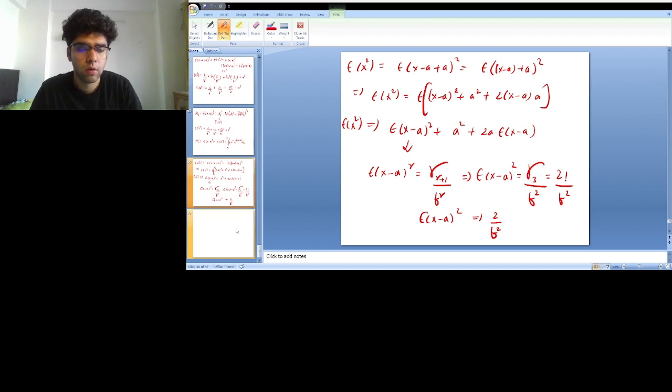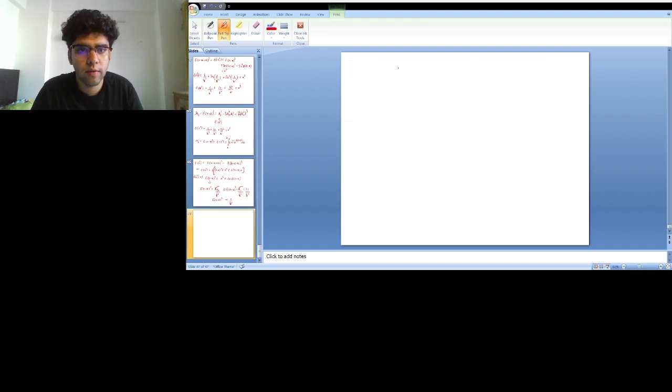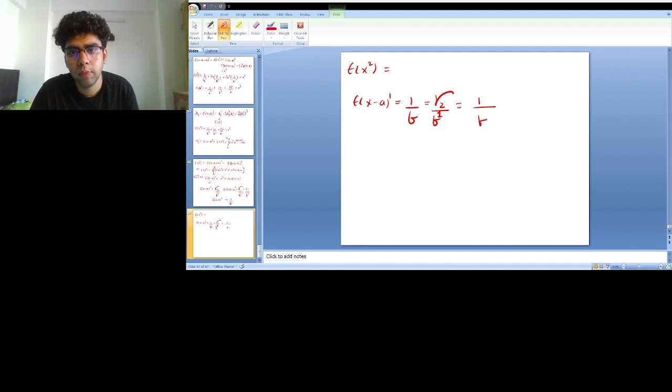And E[X minus a] is just 1 upon b: gamma r plus 1, this is gamma 2 upon b to the power r, where r is 1, so this gives me 1 factorial, which is 1, upon b.